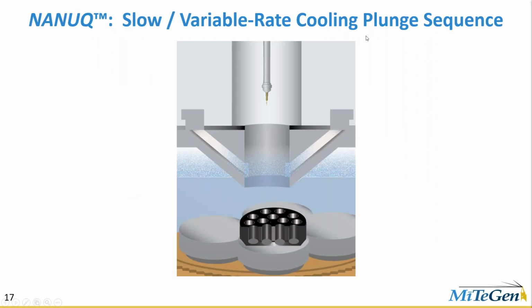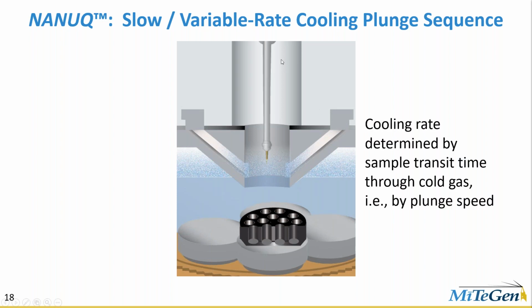And so in the slower variable rate cooling plunge sequence, here's your sample, the cold gas layer, and the liquid nitrogen and your puck. In this case, we leave the cold gas layer in place. We let it build up, and then we slowly plunge the sample through that cold gas layer.